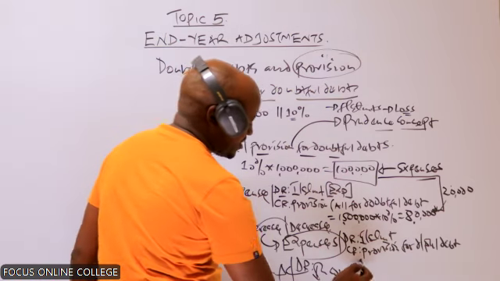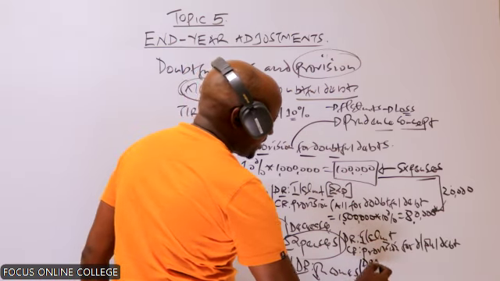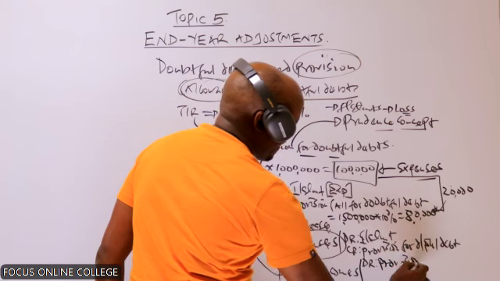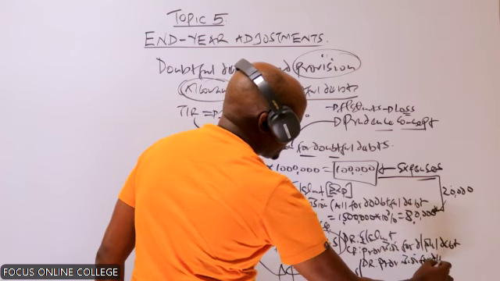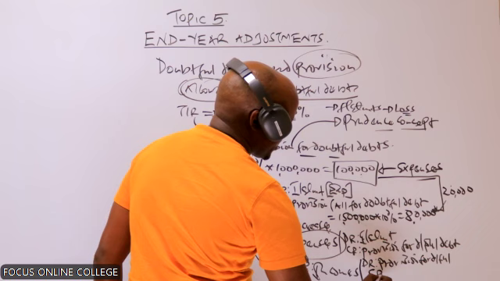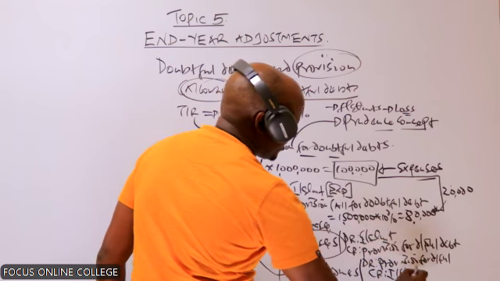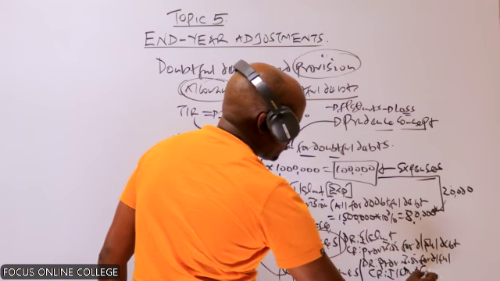So being an income, the double entry is reversed. We debit the provision for doubtful debt account, and then we credit the income statement. The income statement is credited with all incomes.